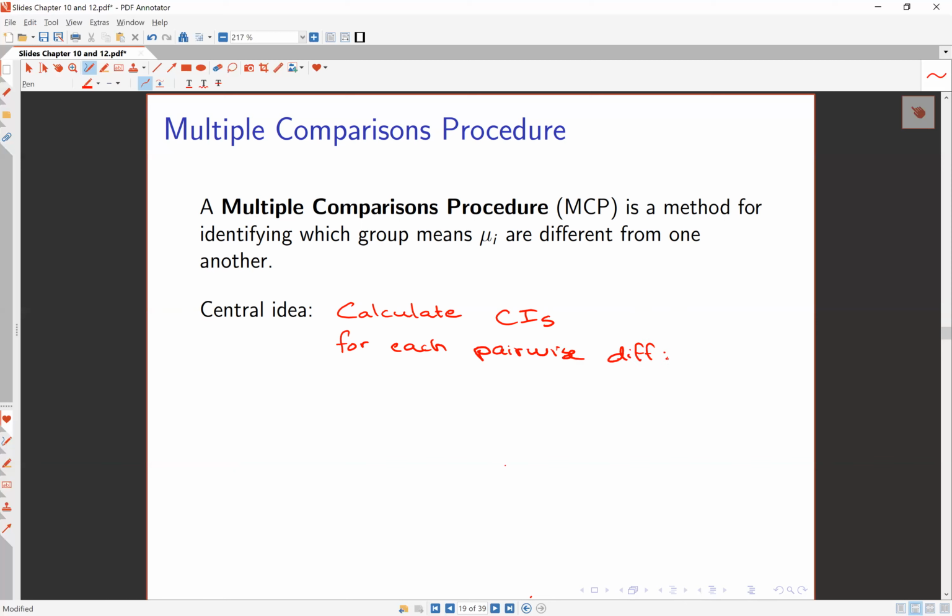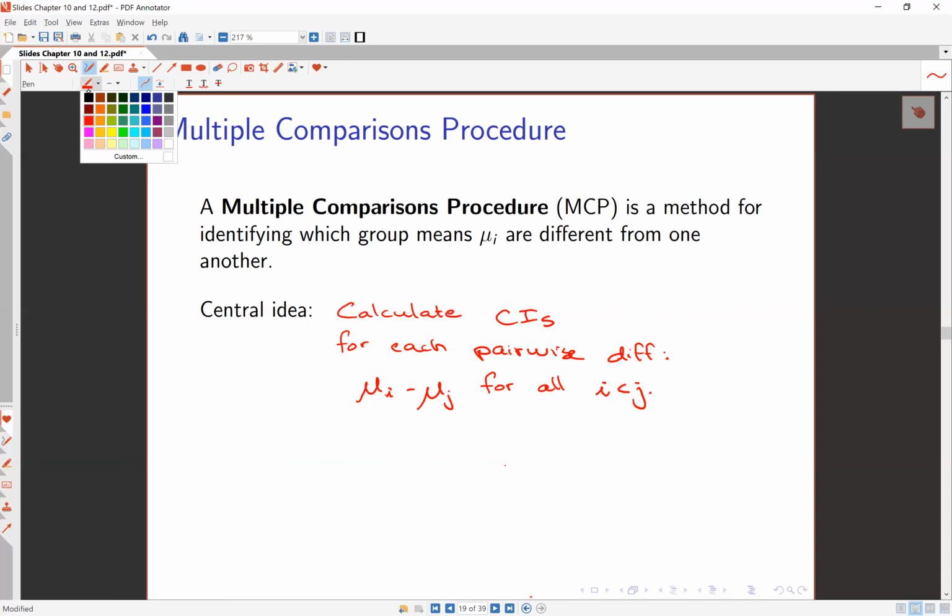So in some sense, this is almost reducing the problem to repeatedly doing two sample comparisons, because the mu_i minus mu_j just means we want to know what the difference is between two population means, except in multiple comparisons, we want to do this for all indices i and j with i less than j.